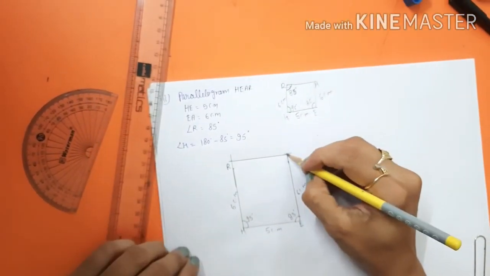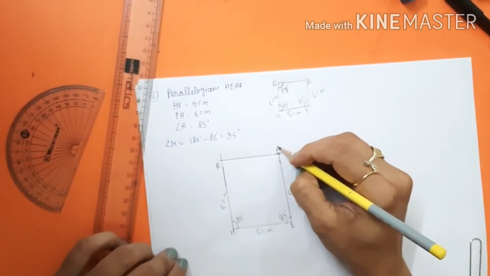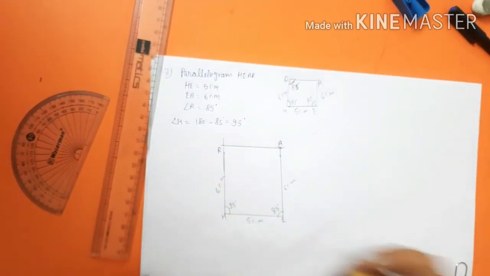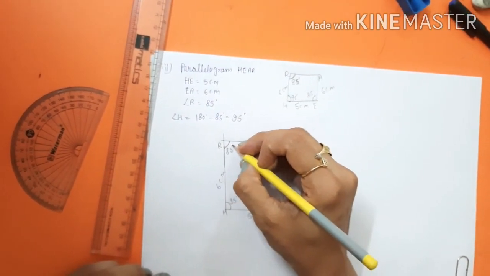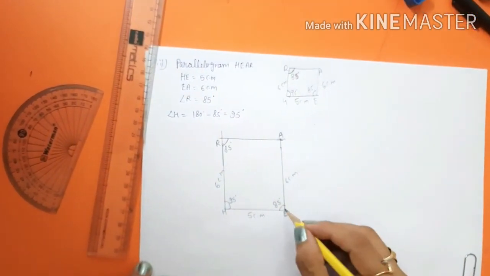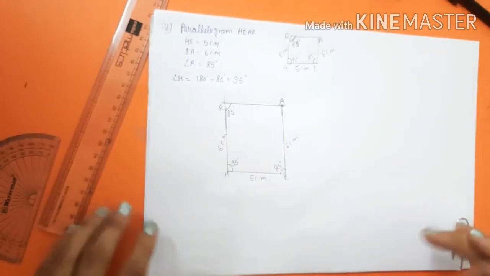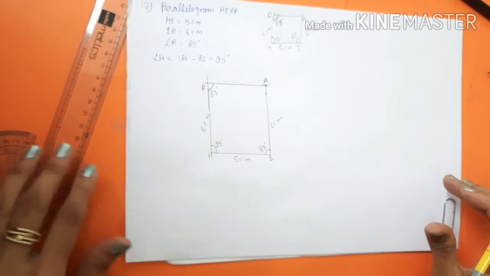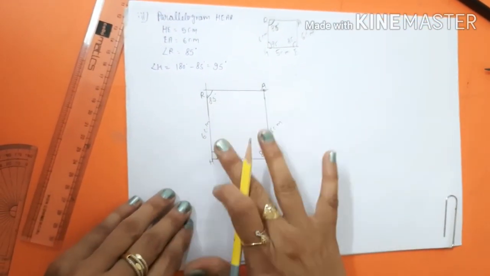That means this intersecting point is A. This 85 degree, this 95 degree, 85 degree. This is our required parallelogram HEAR.